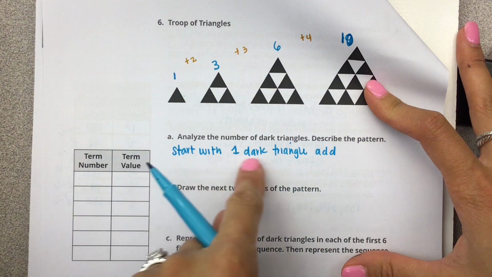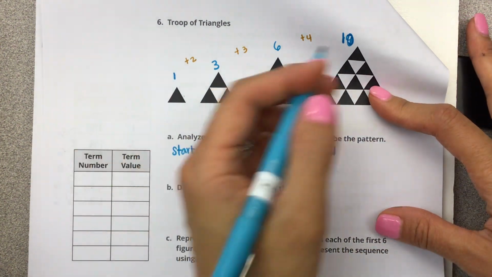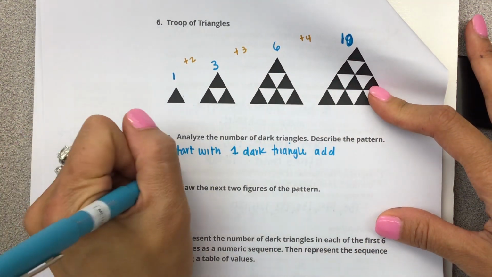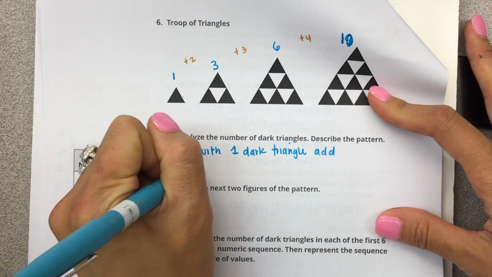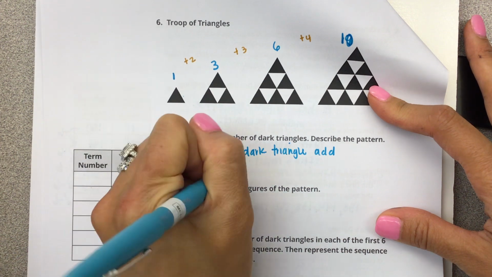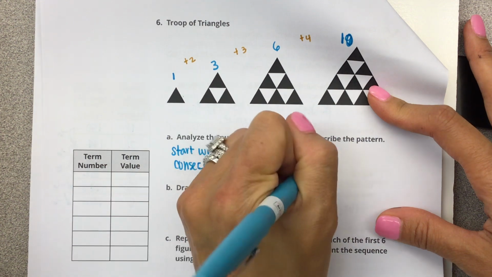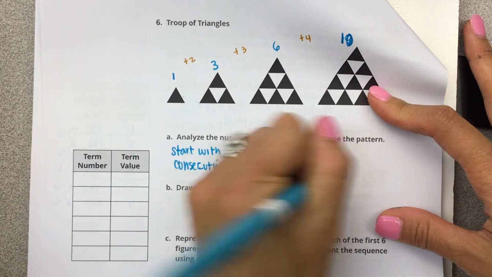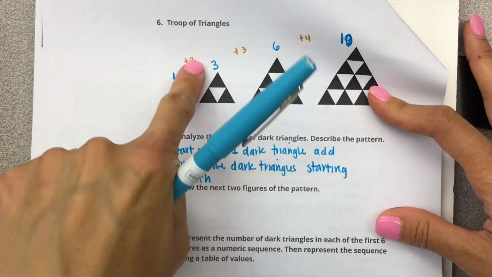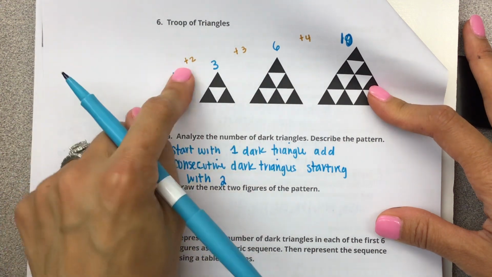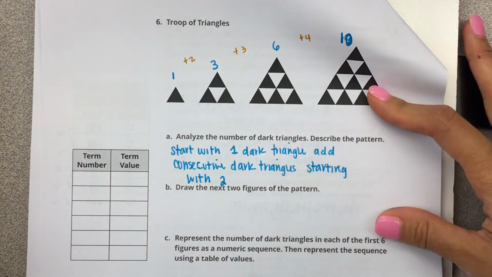So you could say start with 1 dark triangle and add consecutive, meaning in a row, consecutive dark triangles starting with 2, right? Because you added 2 triangles and 3, 4, 5, 6, 7, 8.